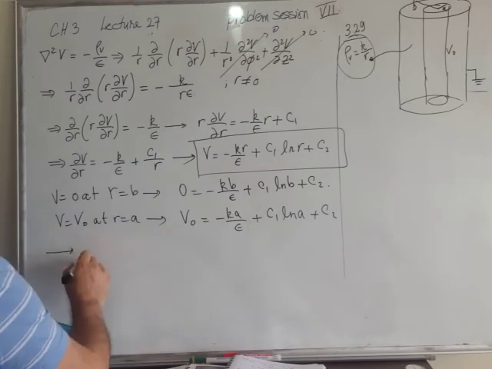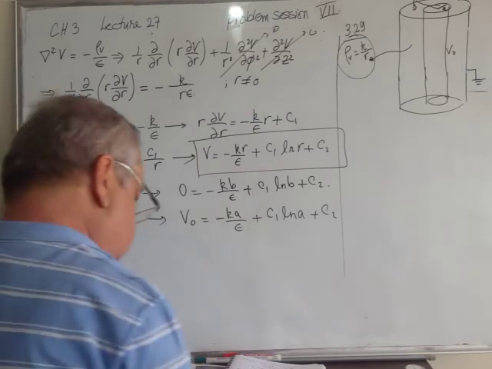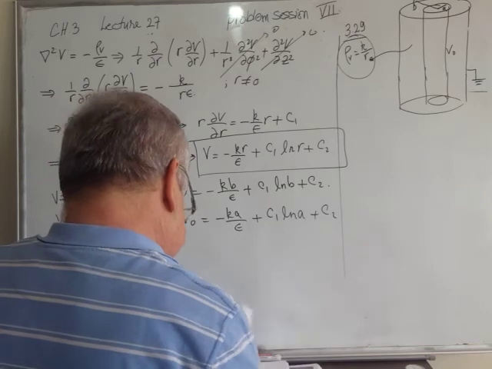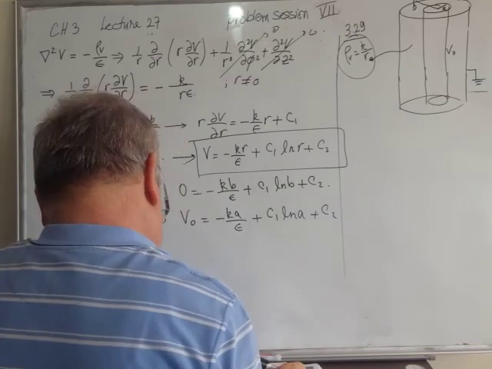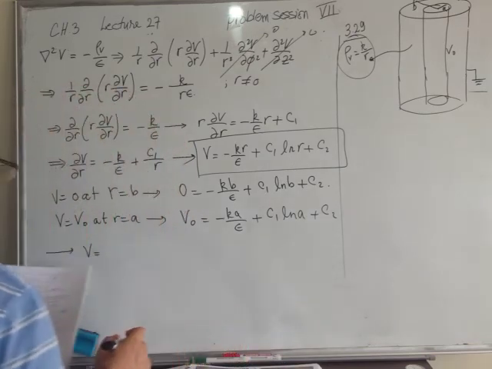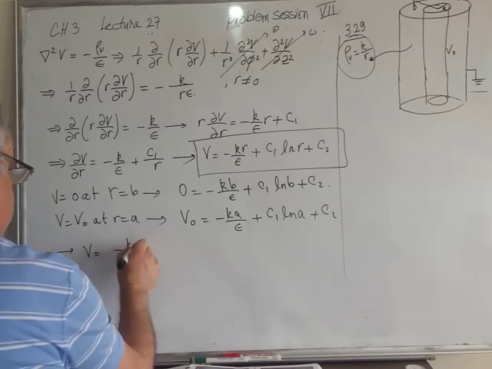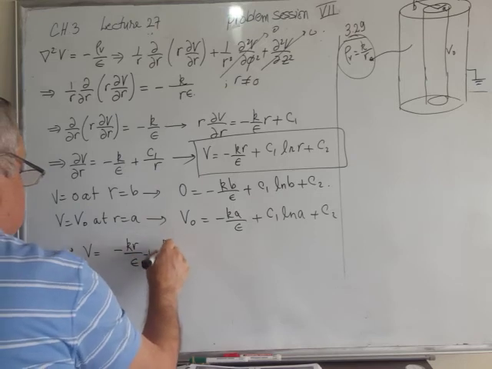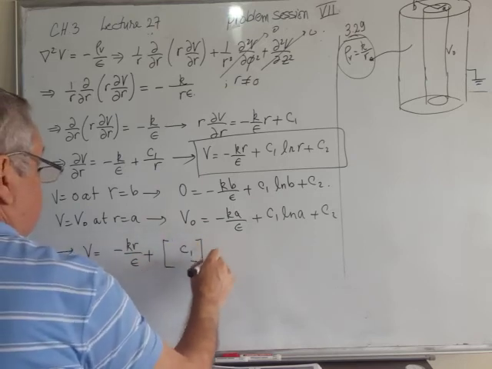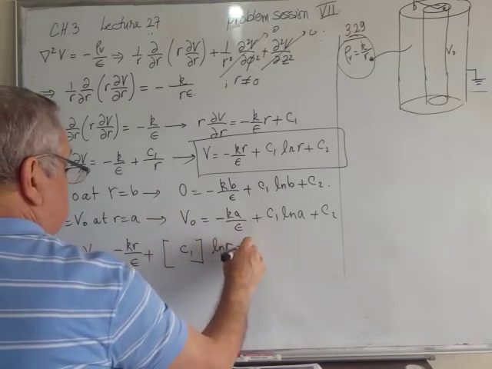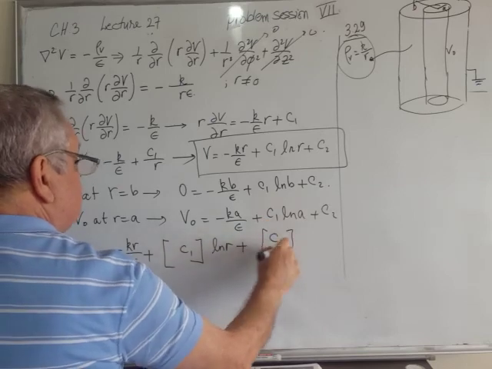If you solve them, you will obtain a value of v, which is minus k r over epsilon plus the c1 which you have obtained times ln r plus the c2 which you have obtained.